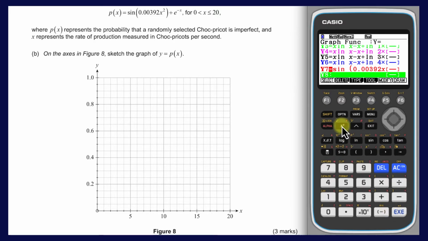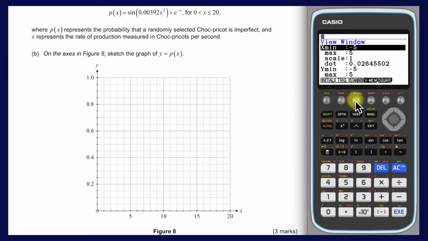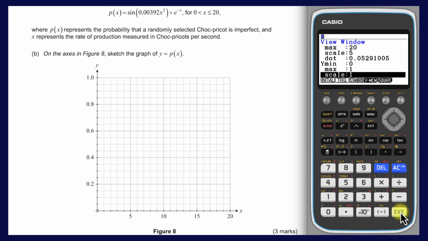Okay, and the view window we're looking for is exactly the same as the graph we've got, the axes we've got. So it would be wise to set that quite carefully. See the y scale there, 0 to 1, which makes sense seeing as the y represents a probability.